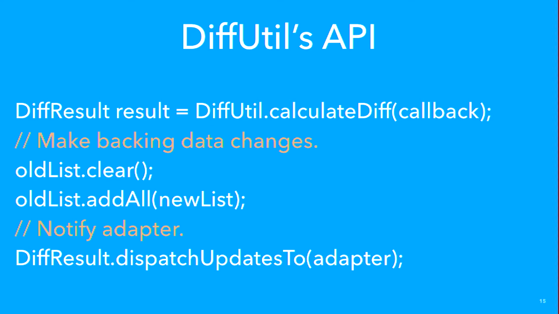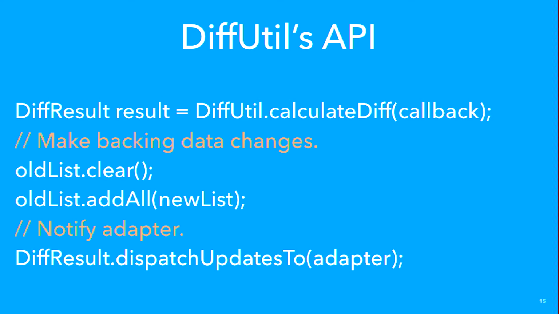In a good case, this will crash. The adapter will say, whoa, the data is mismatched here. In the bad case, there'll be subtle bugs, and it'll be hard to see why didn't my data change. So make sure that your backing data for your adapter has actually changed when you dispatch to the adapter to call those notify item moved, inserted, removed, and changed methods.